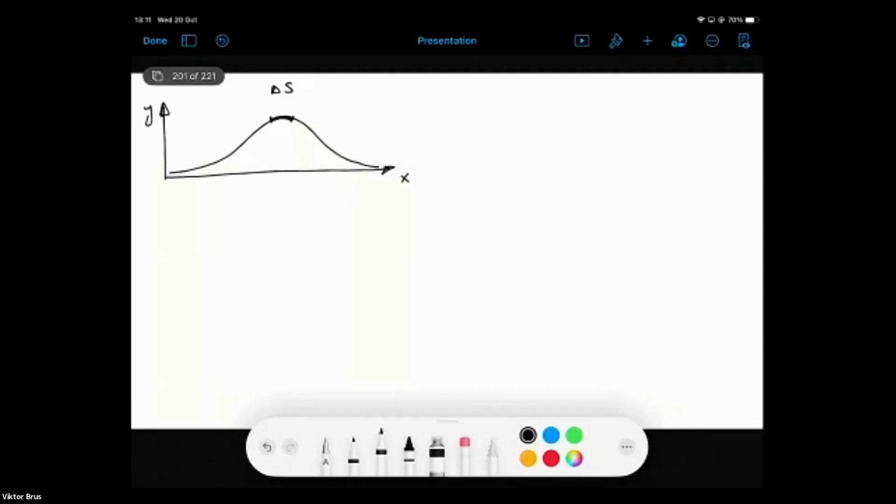Now, what would have an impact on how fast this disturbance, this pulse, can spread along axis x on this string?